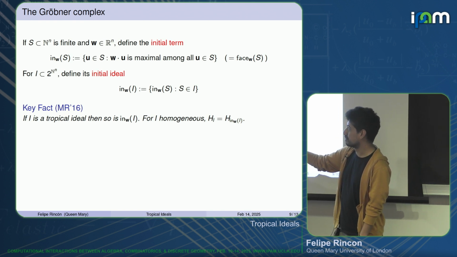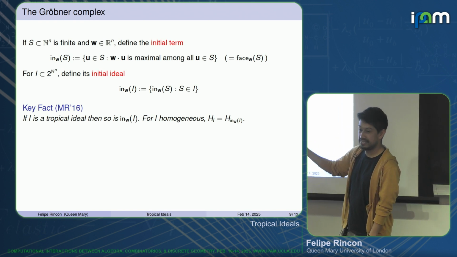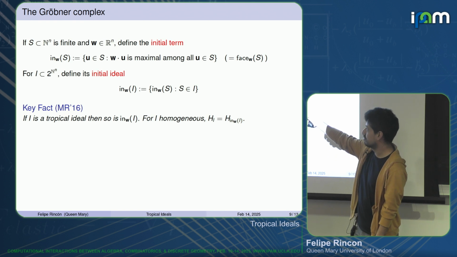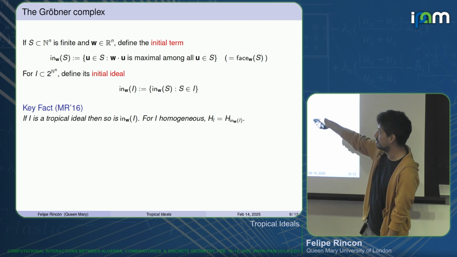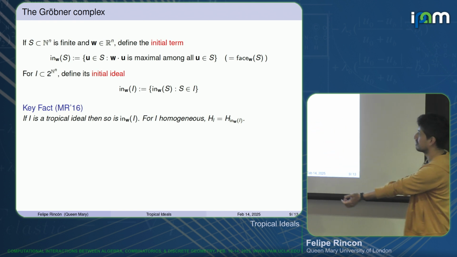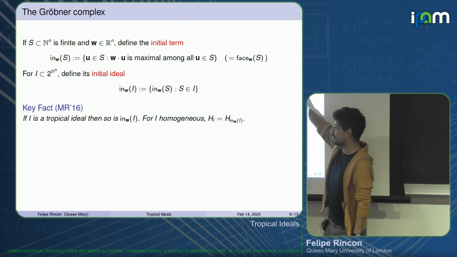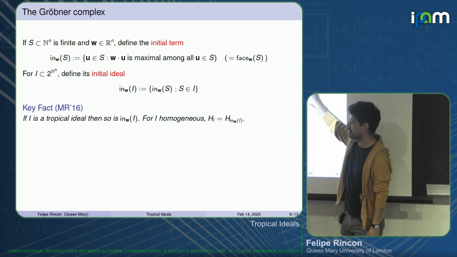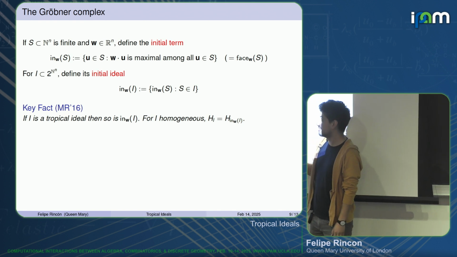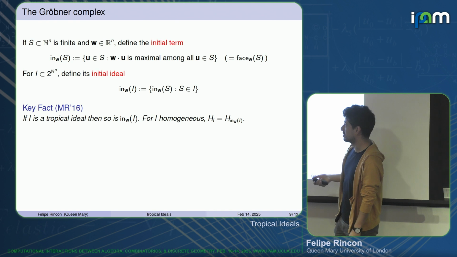Now, if you have a collection of subsets, like a tropical ideal, you can define the initial ideal by gathering all the initial terms of all the subsets that are in your ideal. And the key fact, and this is a fact about matroids that makes everything work, is that tropical ideals are closed under this degeneration operation.